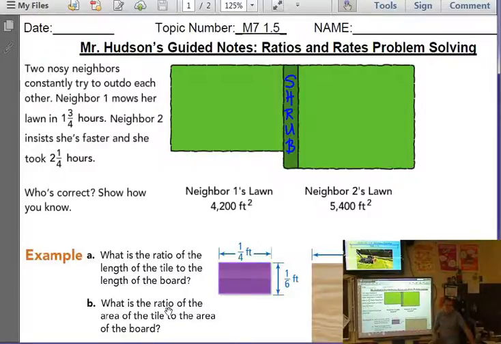Andrew? Yeah, it normally comes in the denominator, right? Because it's per minutes or per hour or per something like that. So, we're going to talk about how much grass per hour.